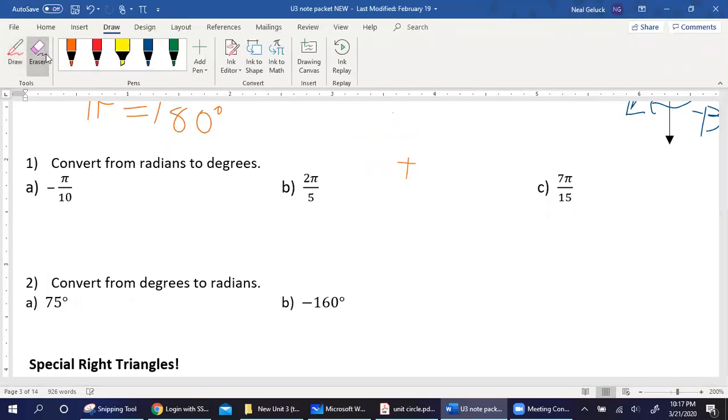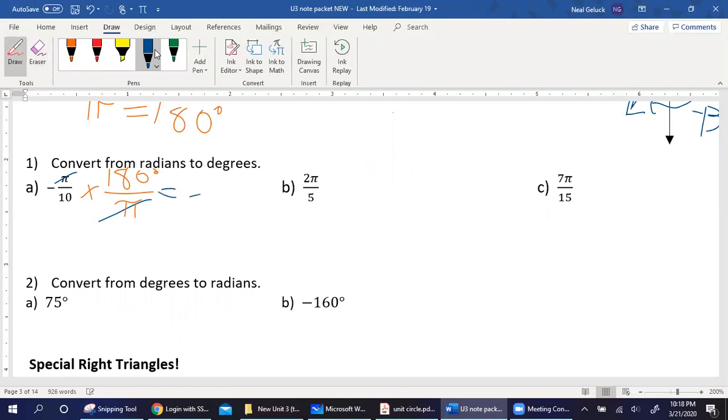If I want to convert a radian to degrees, I'm going to multiply by 180 degrees over pi. That's a degree symbol. Note that the pi's cancel, and really this becomes 180 over 10, and it is negative.